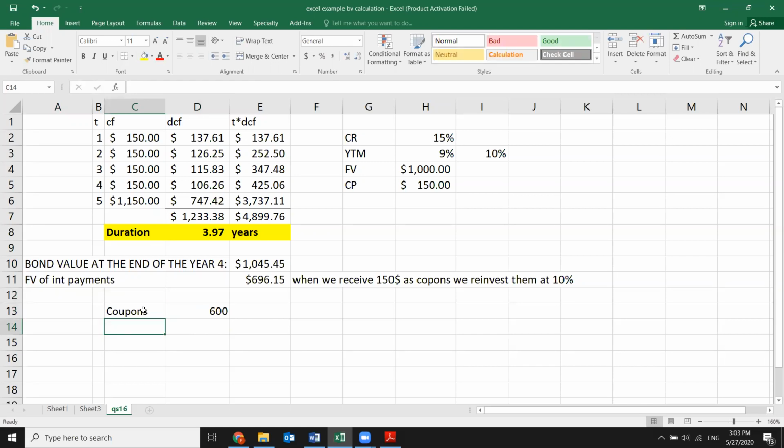And what is next that you're earning here is interest on interest, like the compounding effect, okay? How we can get this calculated is 696 minus your fixed amount of the payment. So this is how much you actually earn on your interest on interest when you reinvest it. And the value of the bond at the end of the year 4, the bond value that we calculated, is equal to this amount.